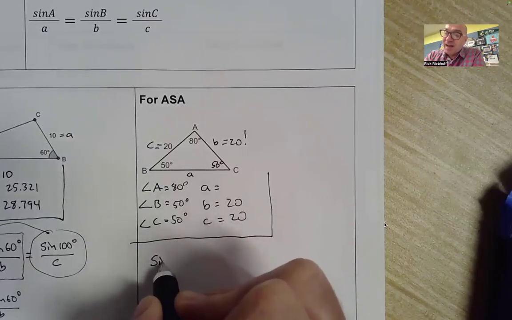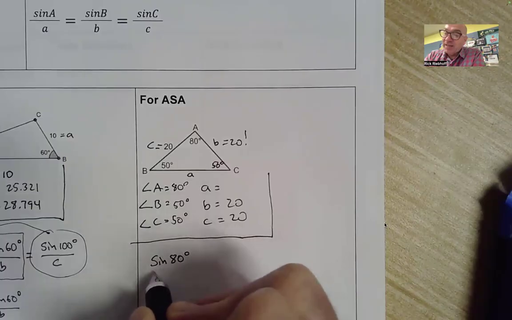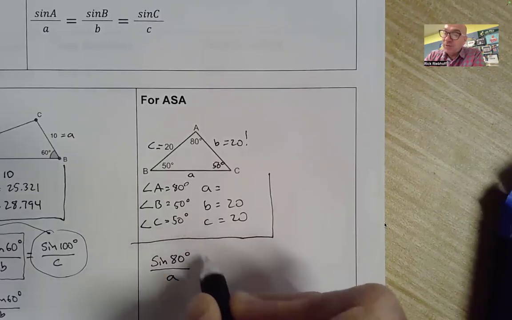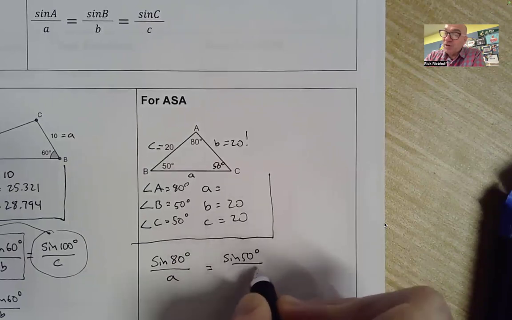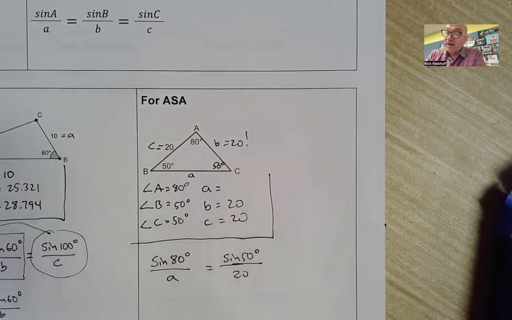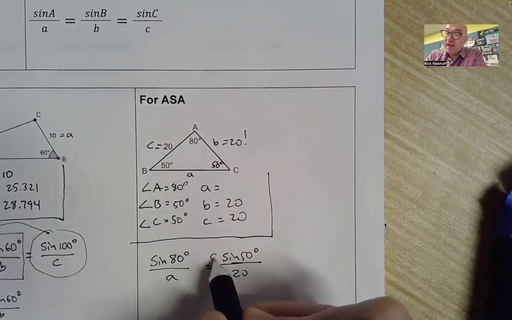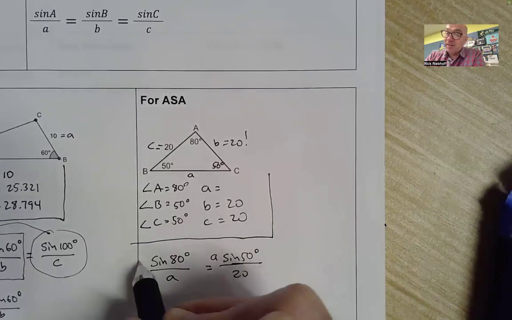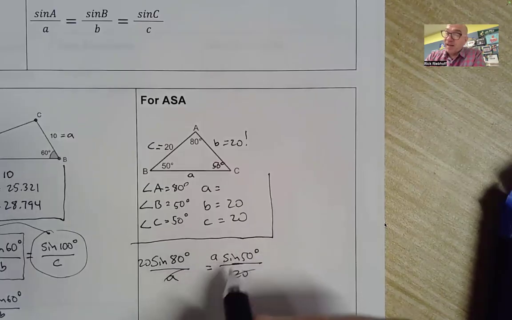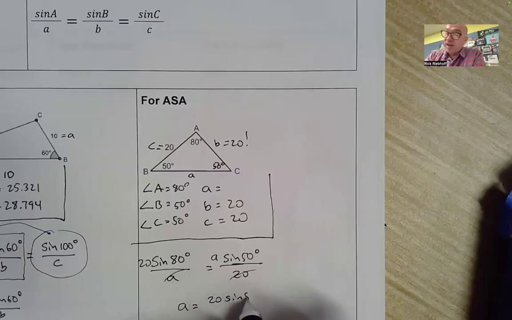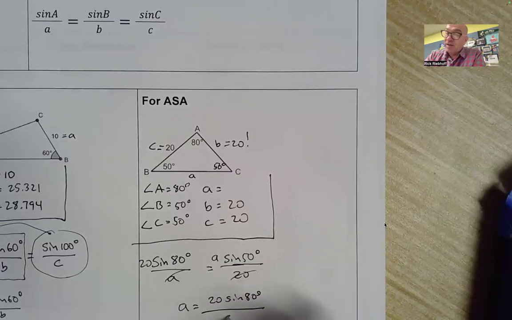All right, so here's what we've got. We've got sine of 80 degrees divided by A equals sine of 50 degrees over 20, right? So I'm going to multiply both sides by A. I'm going to multiply this side by 20, and then I'm going to divide by sine of 50. So A is equal to 20 sine of 80 degrees divided by sine of 50 degrees.